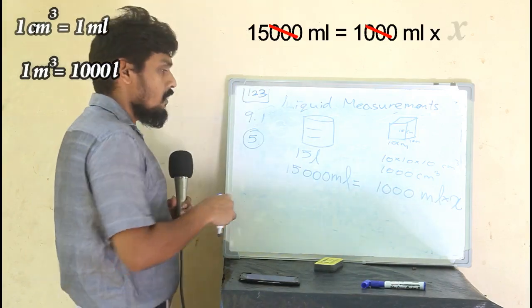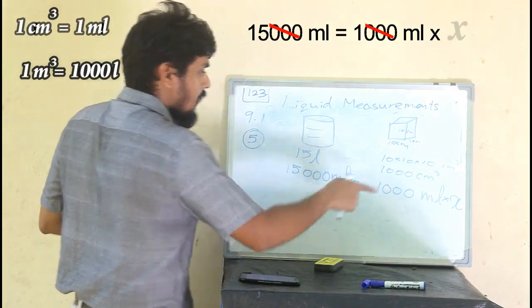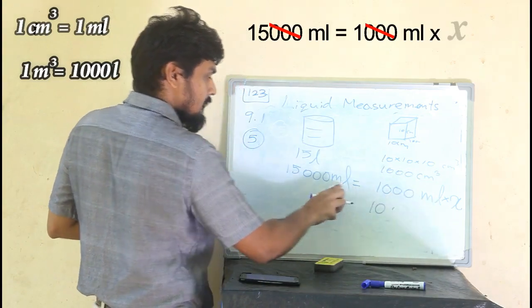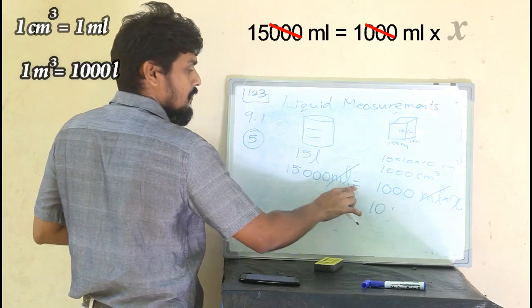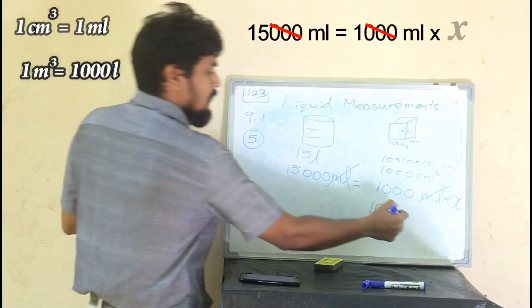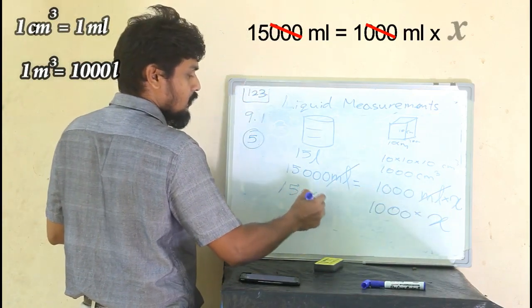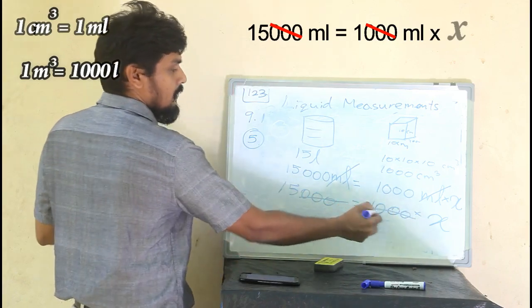You don't know the exact number of times, so you can write x, or y or something. Right, I will put x. 1000 are milliliters, so the same units. Here is the equal mark, so you can cut them out. Here 1000 into x, here 15,000, so 3 zeros.